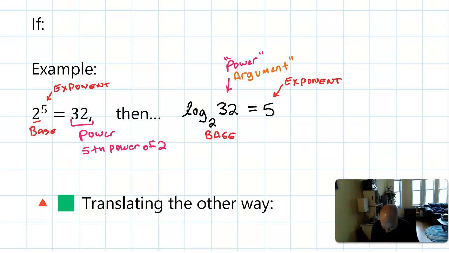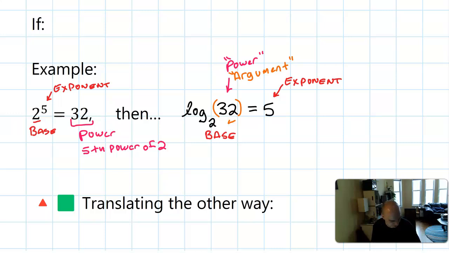Not like argument, I'm going to fight with you, but argument like input. That's a technical word that we use a lot in functions that means the input. So 2 is the base, 5 is the exponent, the log solves for the exponent, and the power, or the result of the exponent, goes into the argument of the log. And there's this little switcheroo between the 32 and the 5.